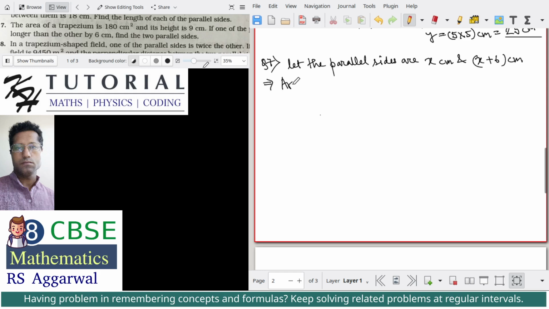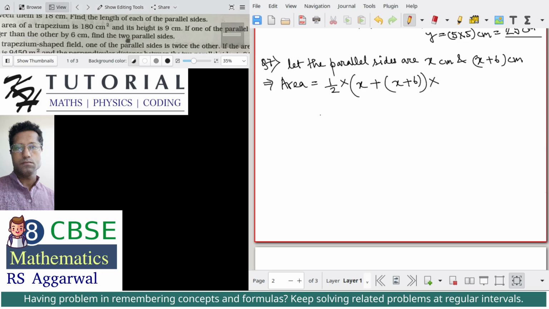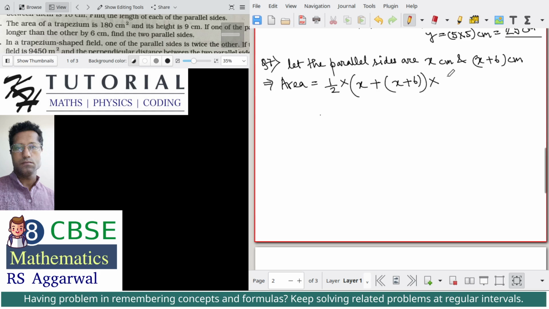So we have area will be equal to half multiplied by the sum of the parallel sides, which is x plus x plus 6, multiplied by height. The height is given as 9 centimeter. This implies area is given as 180 centimeter square.